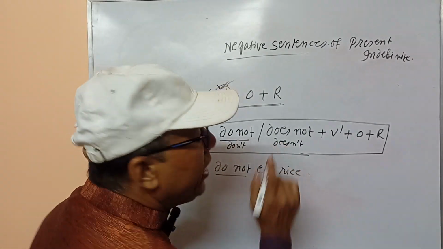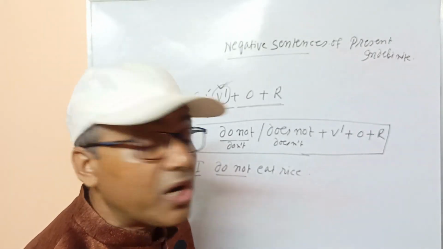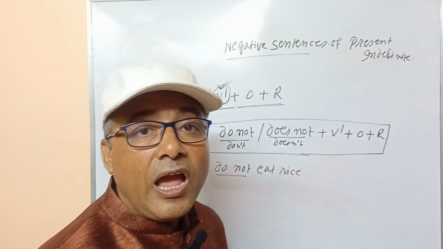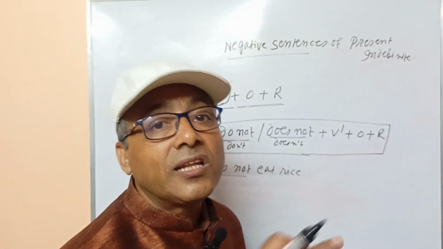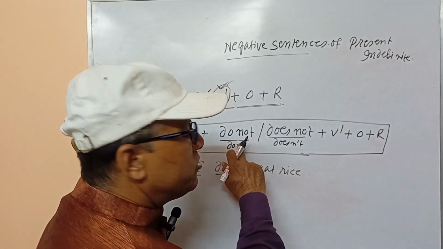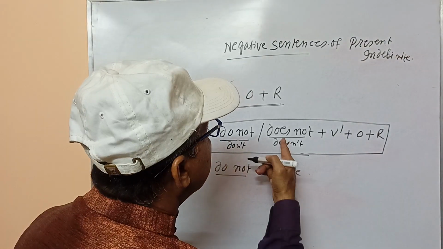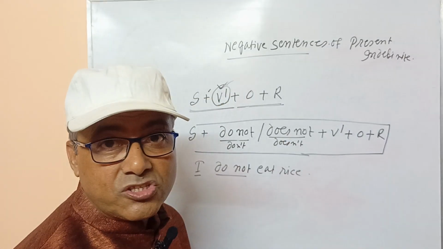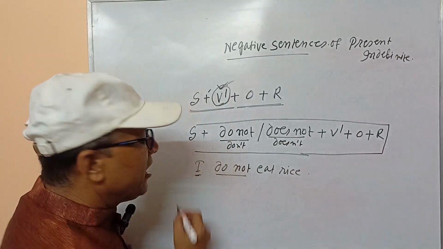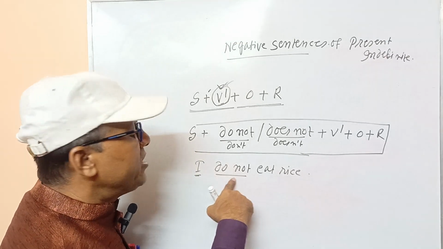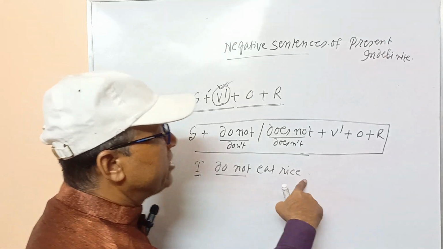Remember, only in case of third person singular number, we should use does not, but in all other cases we should use do not. So I is not third person singular number, I is first person, that's why I have used do not. So I do not eat rice.